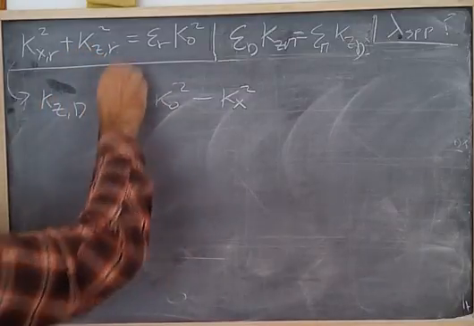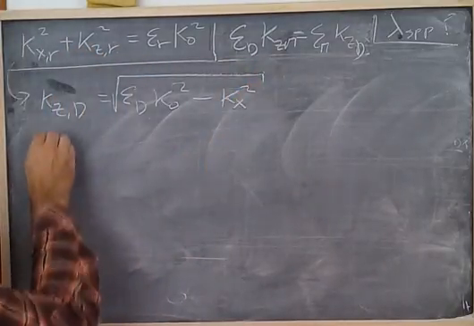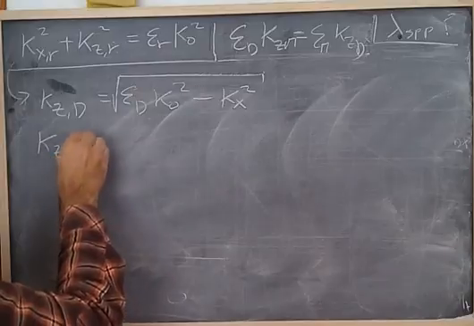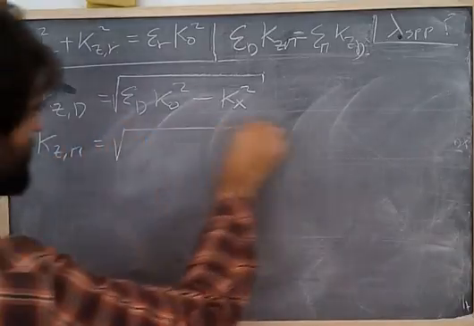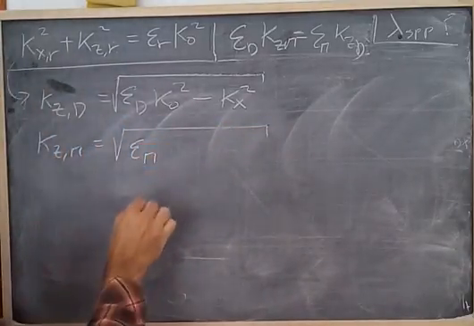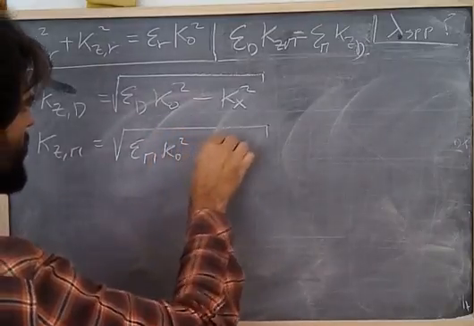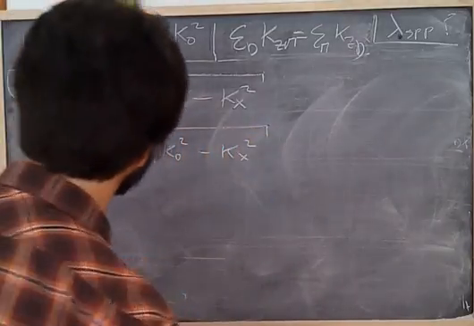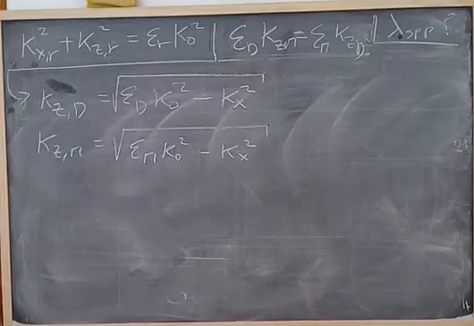In the same way, Kz metal squared is equal to epsilon metal k0 squared minus kx squared.